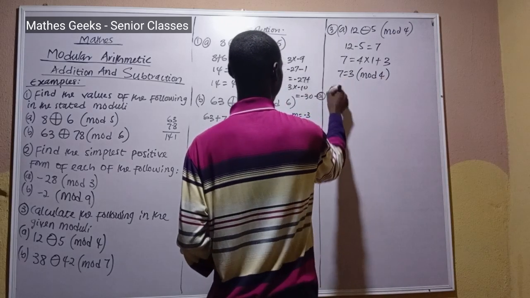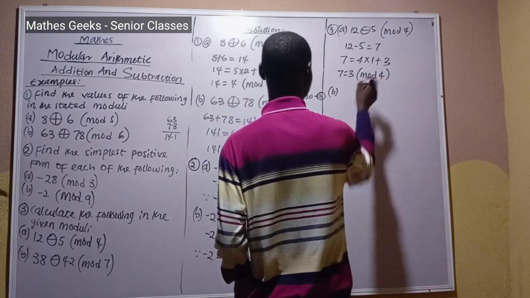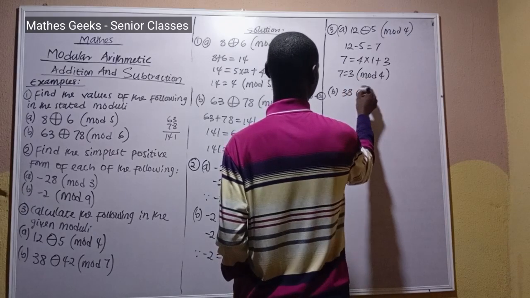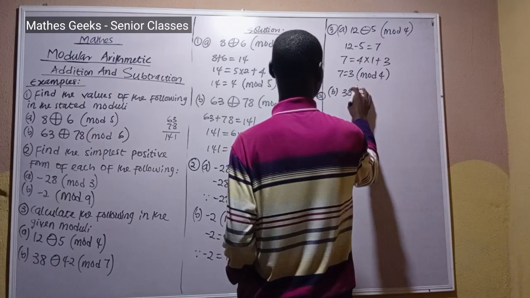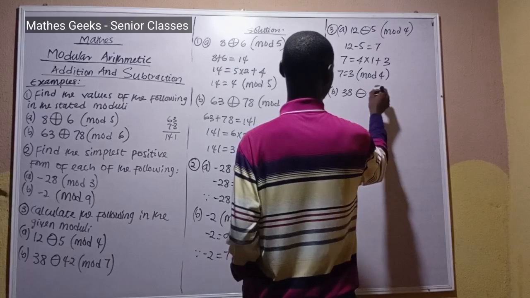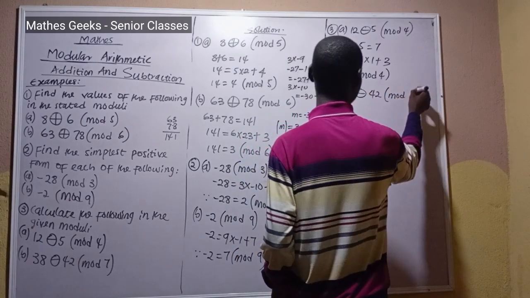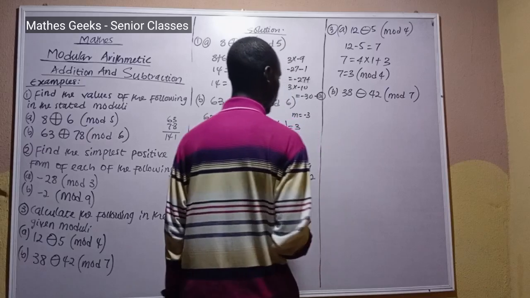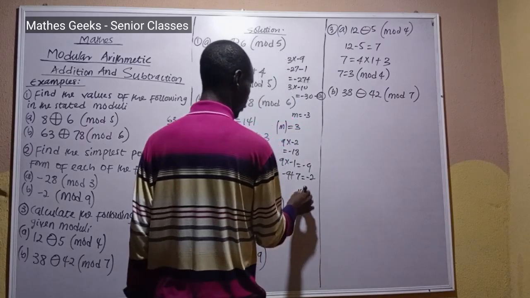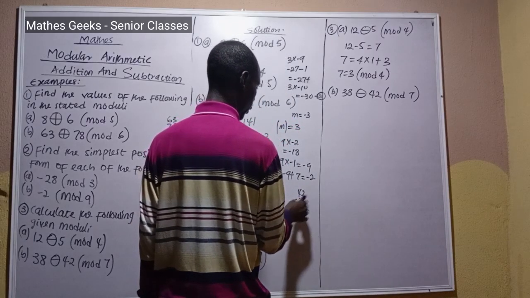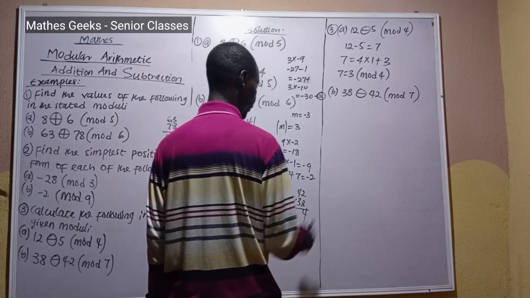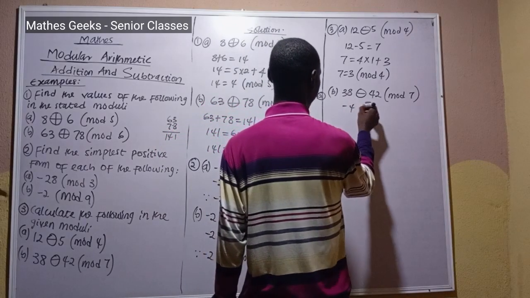And then do 38 minus 42 mod 7. 38 minus 42 will give us minus, 42 minus 38, 12 minus 8, 4. That's minus 4.